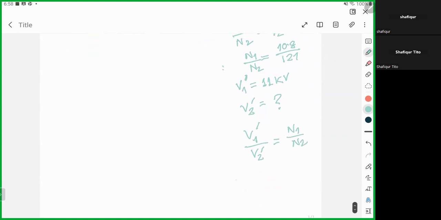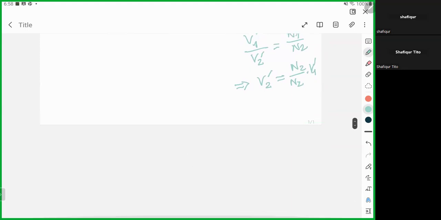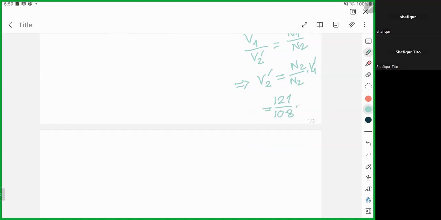So we can find V2 prime is equal to N2 by N1 times V1 prime, which we can write as 121 divided by 10.8 times 11 kV.